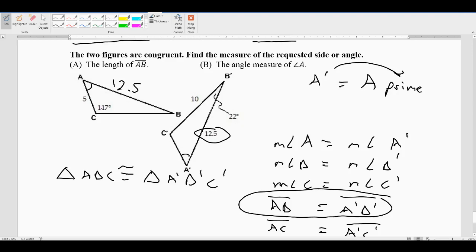We know that C is 117, and C is the same as C prime, so that's going to be 117. And we're told that B is 22 degrees, so C prime is 117 degrees, B prime is 22 degrees. The reason why we know C prime is 117 is because C was 117 degrees.